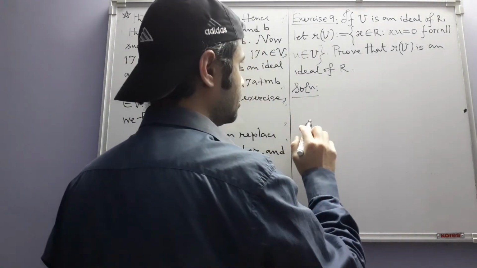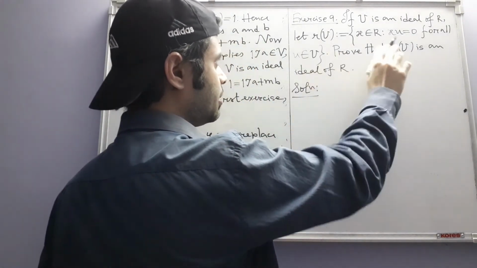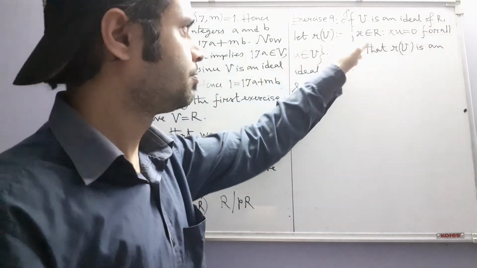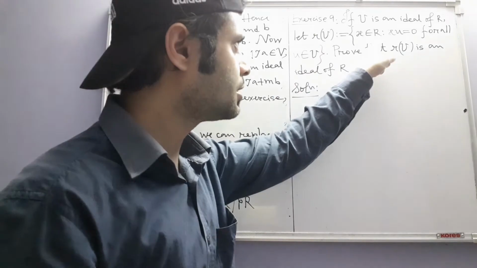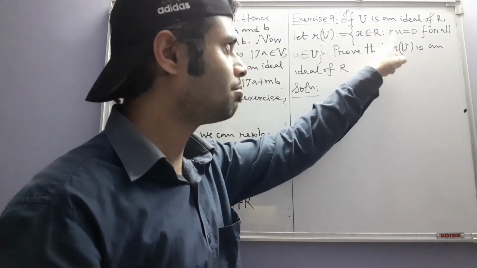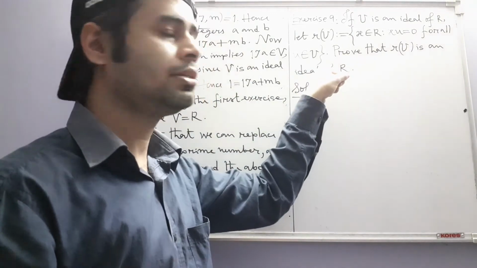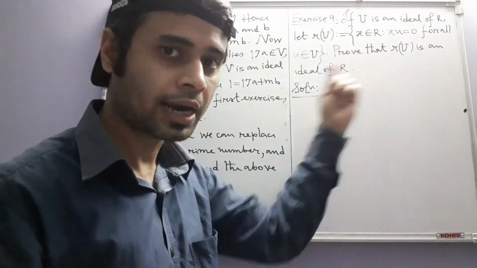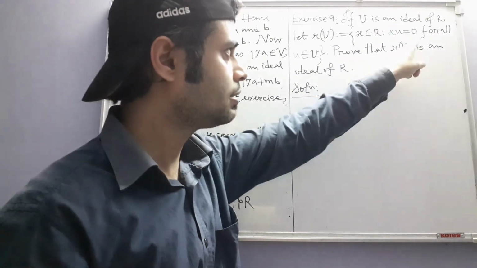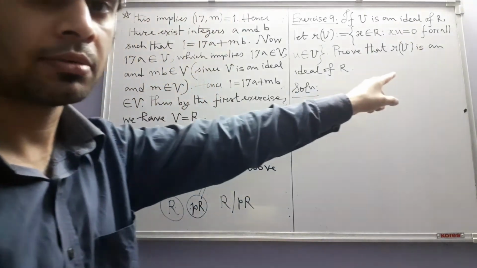To see that quickly, you just have to produce an element in RU. By the way, what is RU first of all? It is the set of those elements in the ring which, if you multiply by any element in U from the right side, this direction is important, then that product becomes 0.